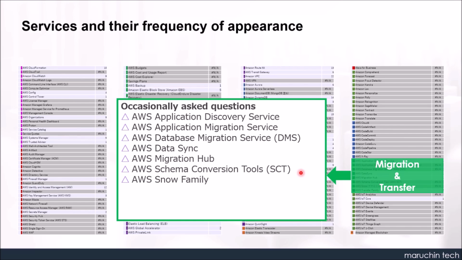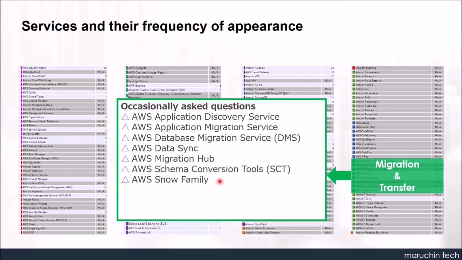SCT is the service that converts the schema between different database engines, while DMS is a service that performs the database migration. Additionally, DMS has a feature called CDC, Change Data Capture, allowing you to migrate a running database with minimal downtime.